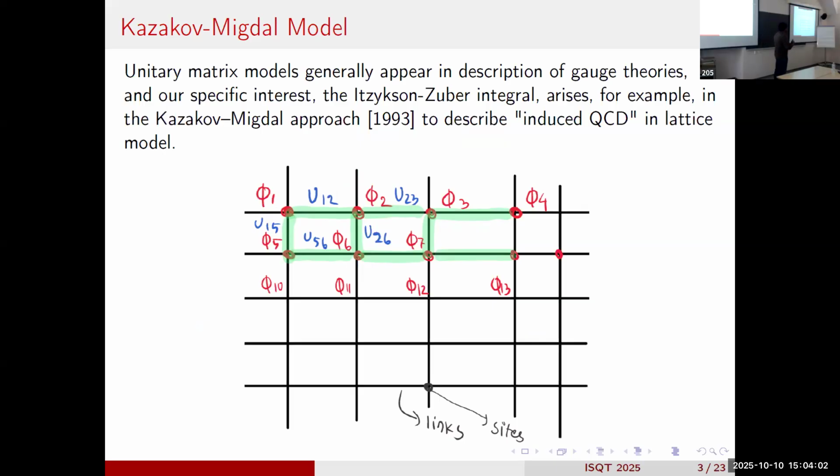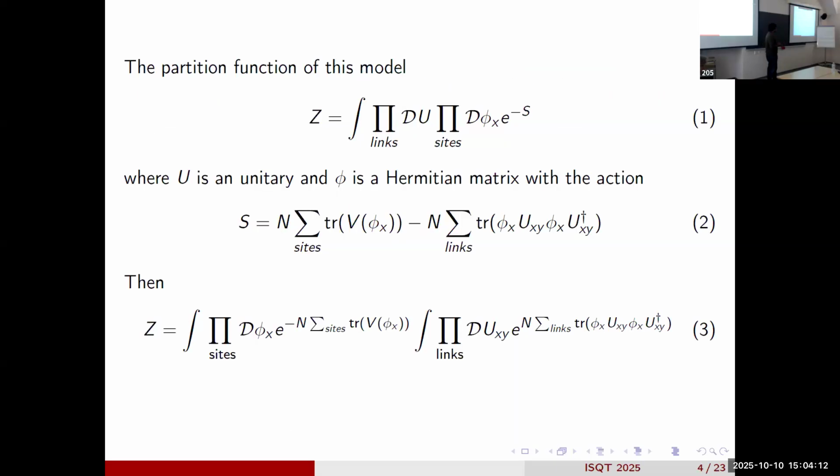But unfortunately, in the main paper of Kazakov and Migdal, they just conjectured it, and it was later maybe proven wrong or something like that. But regardless of their model, this particular integral is interesting to us from a general point of view. As you can see, there is a unitary integral there.